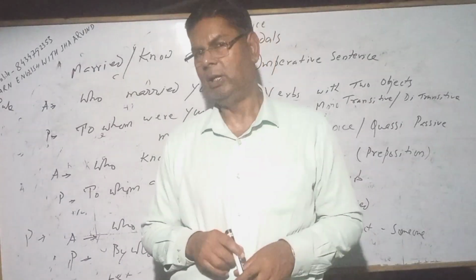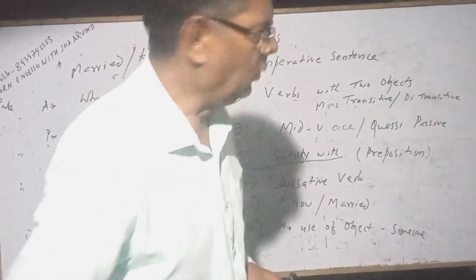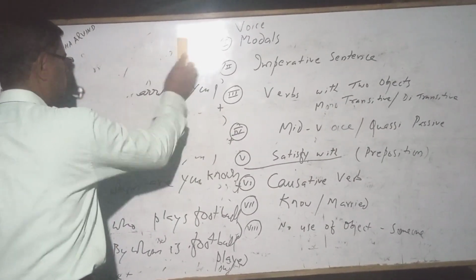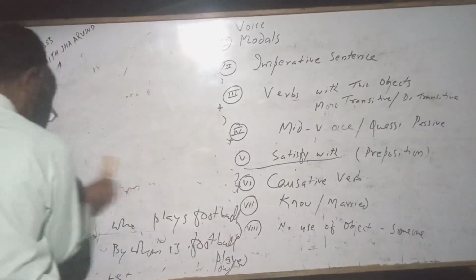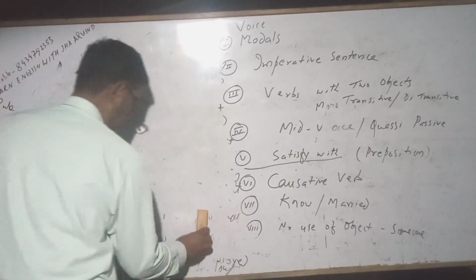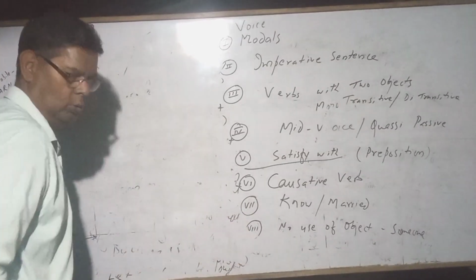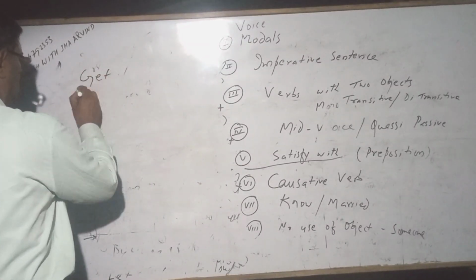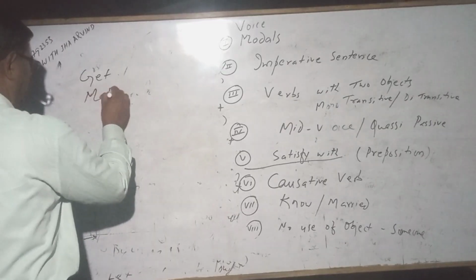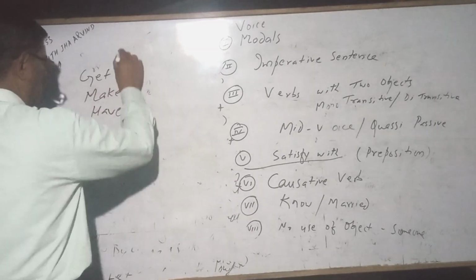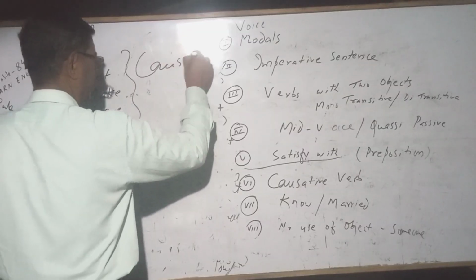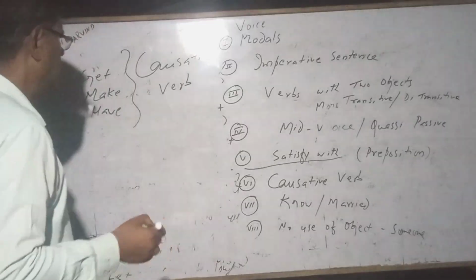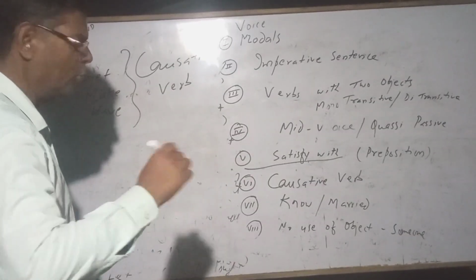These are called causative verbs, and causative verbs can be used in passive voice. For example, now look here. Causative verb means work is being done by someone. You are not doing it.